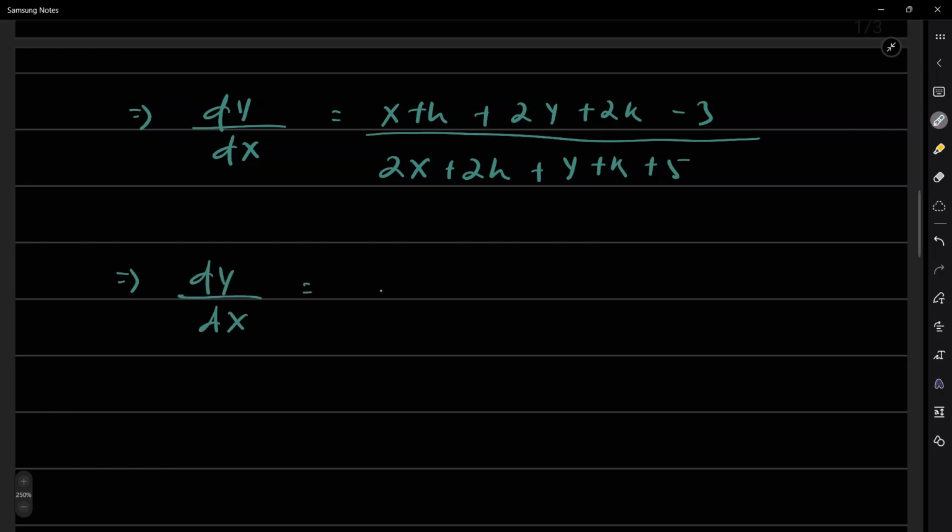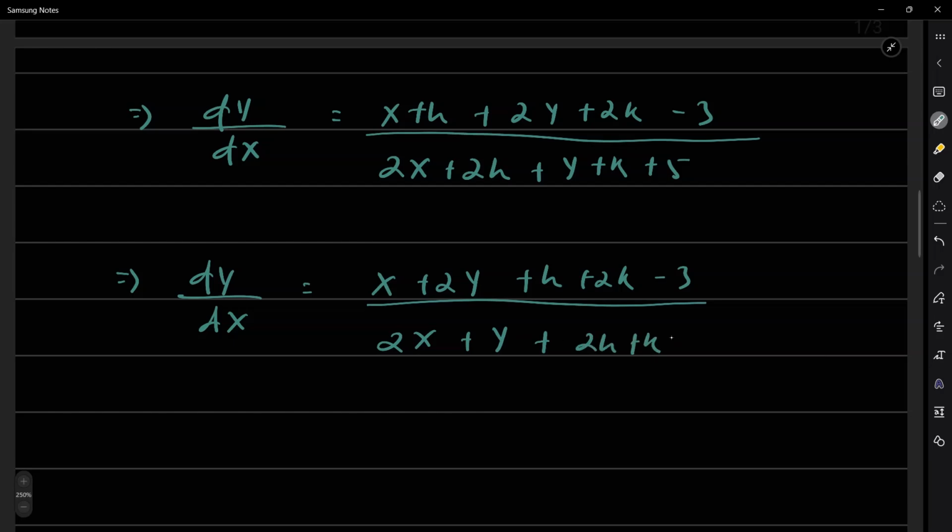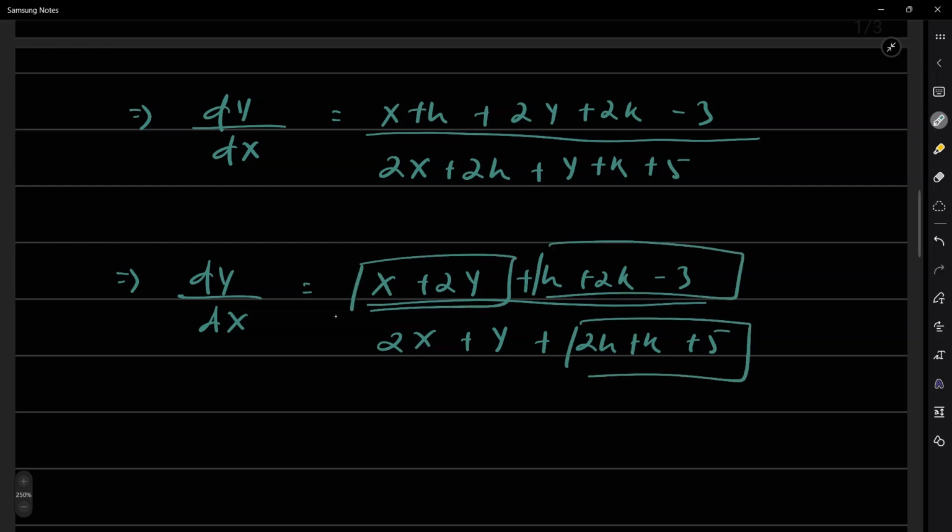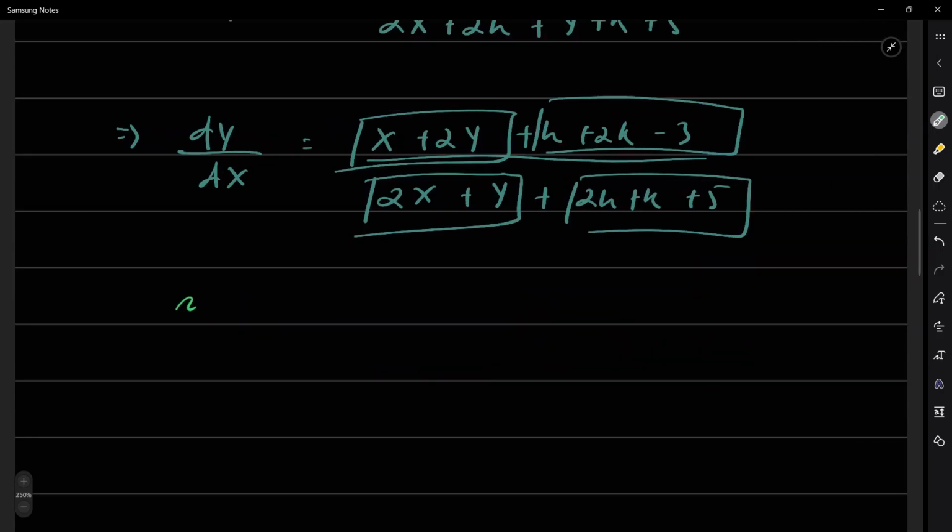It becomes x plus 2y plus h plus 2k minus 3 divided by 2x plus y plus 2h plus k plus 5. So the constant terms are separated, the variable terms are separated. Now let's find the values of h and k.